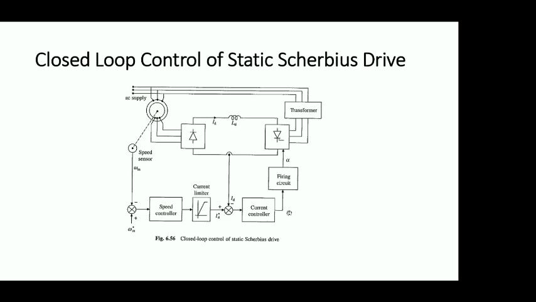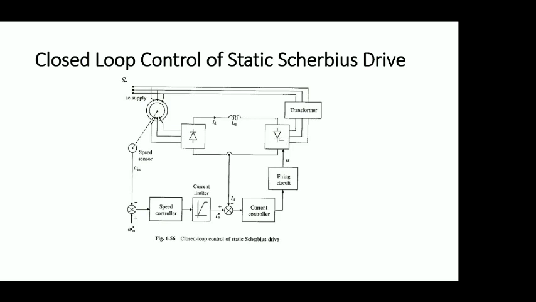This signal is given to the firing circuit, and the firing circuit will give a signal which makes the firing angle alpha, and the signal is given to the inverter. This inverter will provide the voltage VD here, and it will invert the whole current to AC and feed it back to the supply.